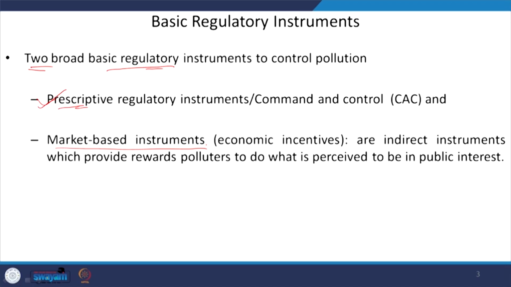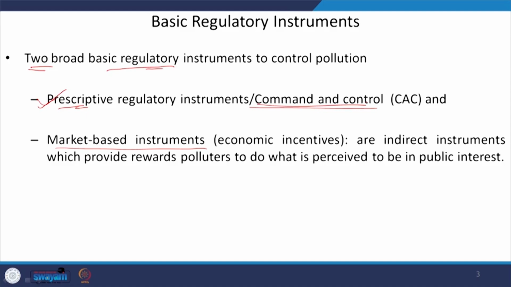So, let us understand what market based instruments are. In the command and control approach, as a regulatory instrument, the government or regulatory body prescribes or sets some standards, so that the polluters abide by those standards, and in that way this is a kind of direct mechanism to control pollution.